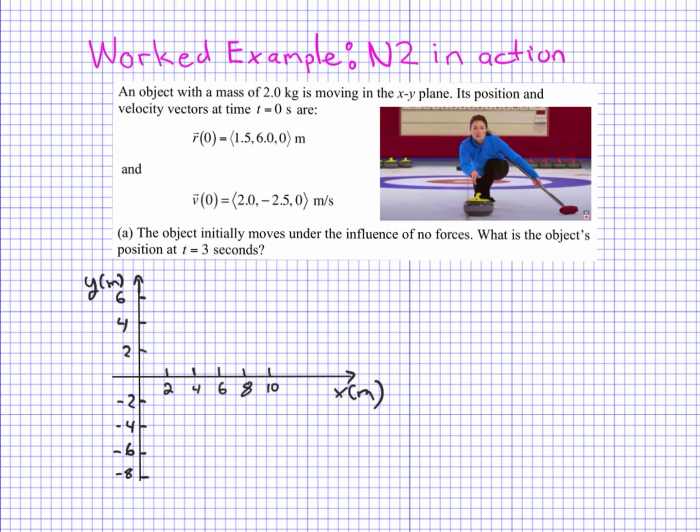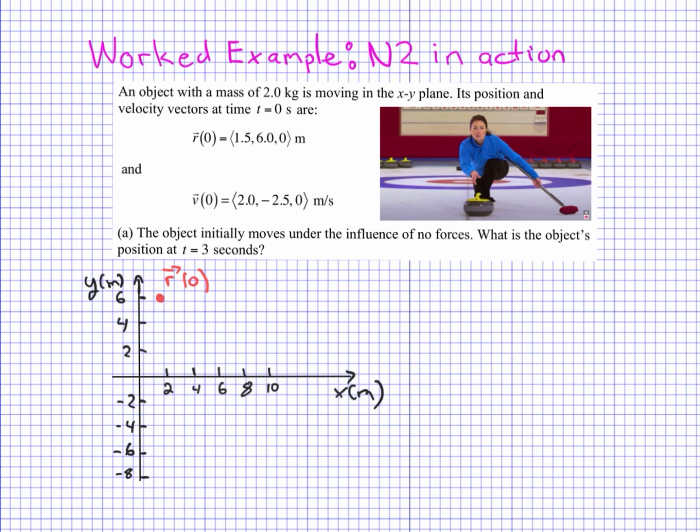To help keep track of what's going on, I've set up this little XY coordinate system here. At time 0, the object is located at an X coordinate of 1.5 and a Y coordinate of 6. So we'll put a little dot at this point here, and that little dot represents the position of the object at time 0.